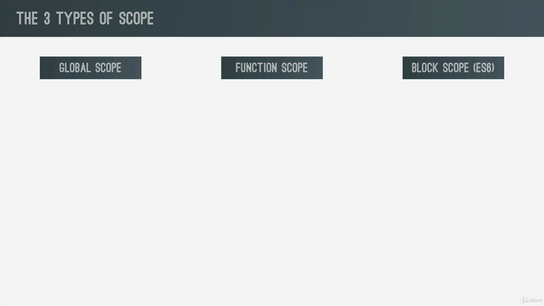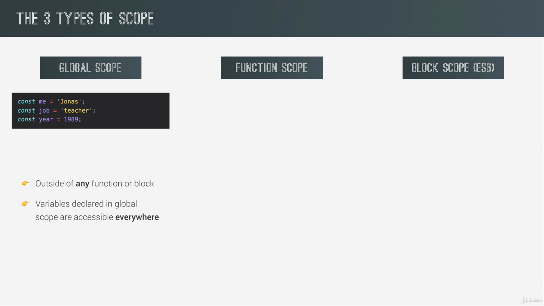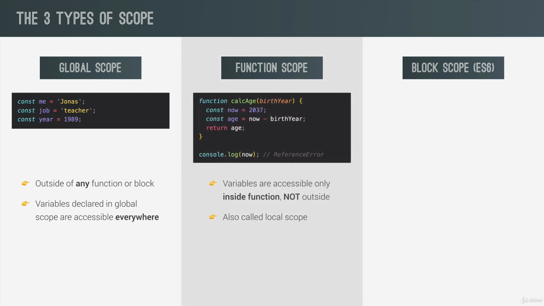So first, the global scope is once more for top-level code. So this is for variables that are declared outside of any function or block. These variables will be accessible everywhere in our program, in all functions and all blocks. So really everywhere.